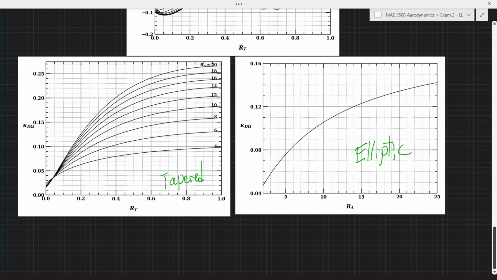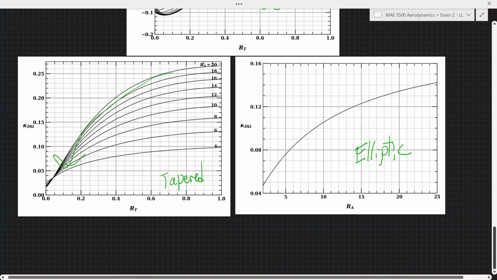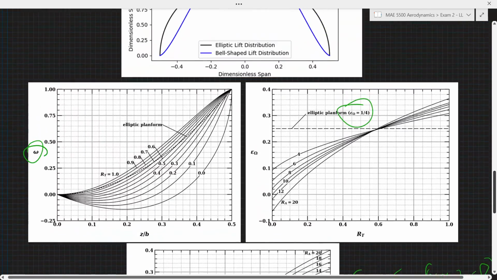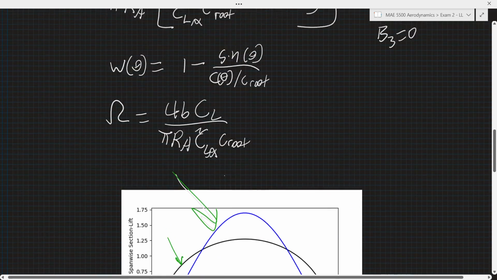Once again, you can see this trend that in order to minimize induced drag, we'd want to have a lower kappa D omega. You can see the same thing over here. We'd actually want to decrease our aspect ratio to minimize this kappa D omega coefficient. Once again, these are all different variables. These are just trends that I'm drawing on here.